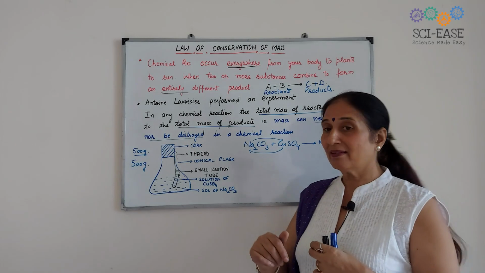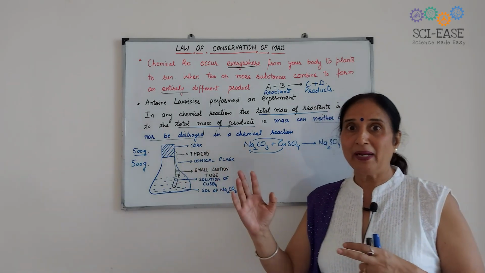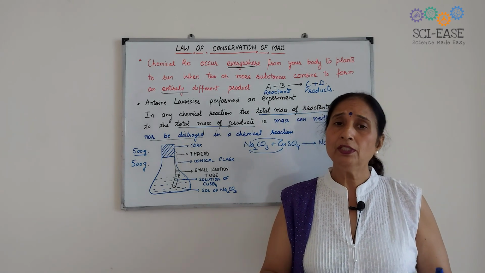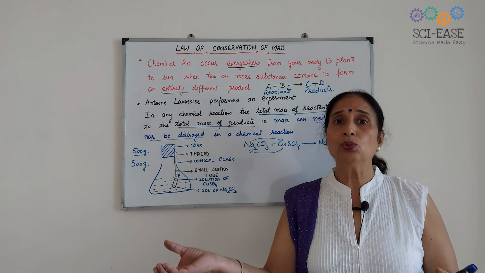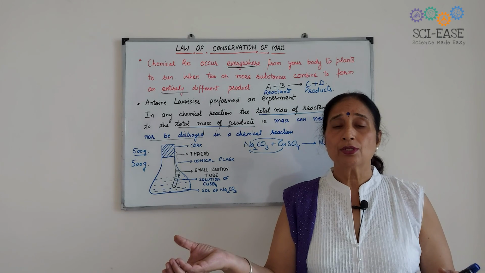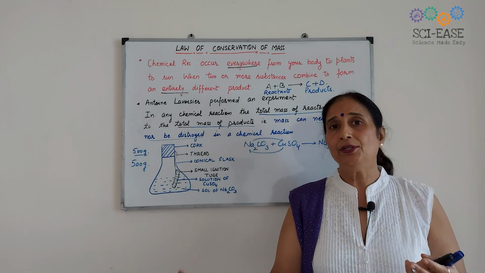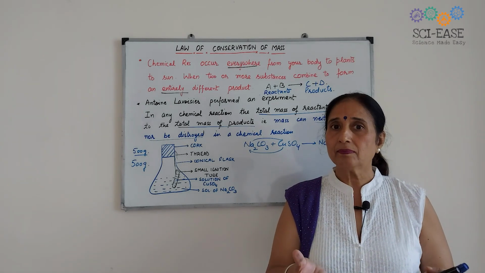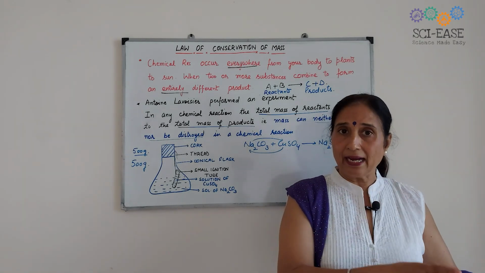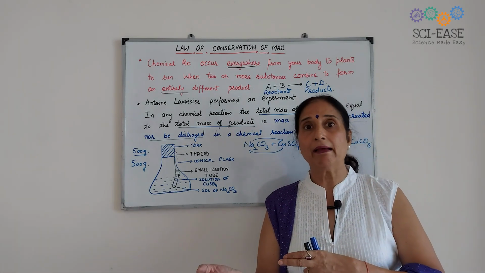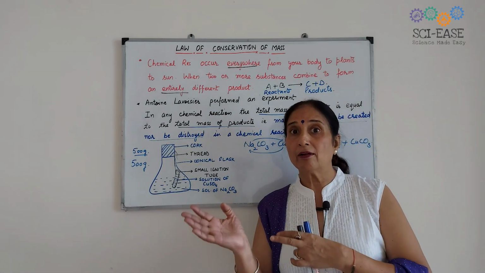So by performing this experiment, the things are clear to all of you. You can take another 2 compounds so that they can react with each other, and you can weigh when the reactants are in the conical flask and when the products are formed in the conical flask.